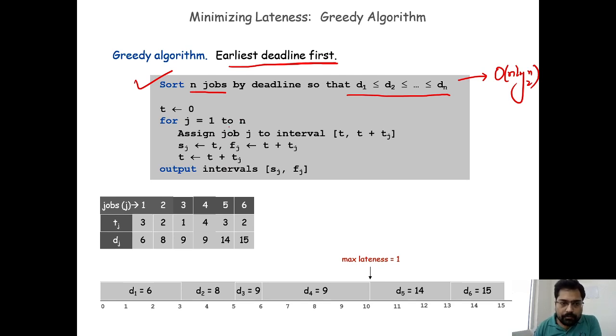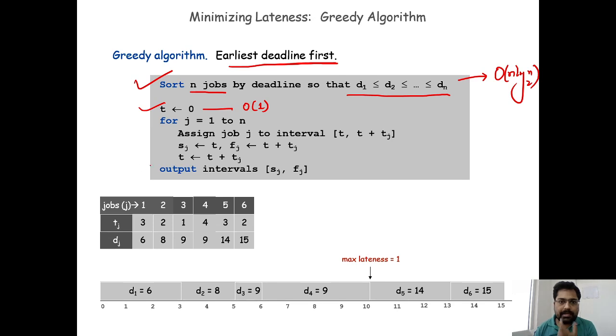Now we run a for loop, then assign job j to the interval. We have set the interval starting with 0. This is our starting one, that's why we have written it will take big O of 1. The complexity is one because it is one line. Then 1 to n, the number of jobs we set as n.